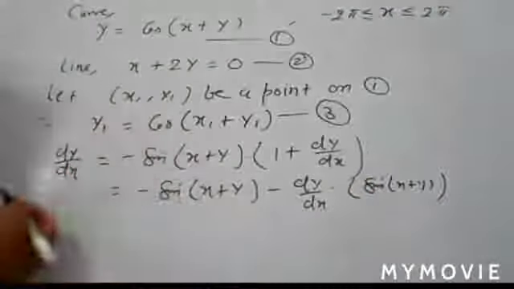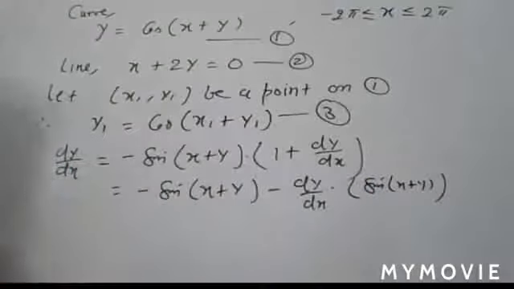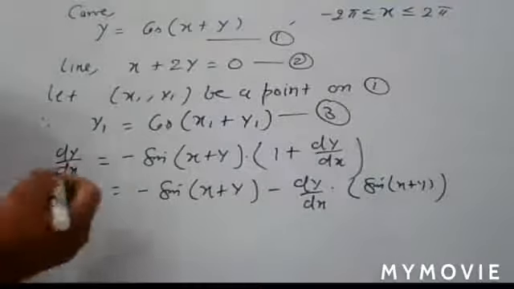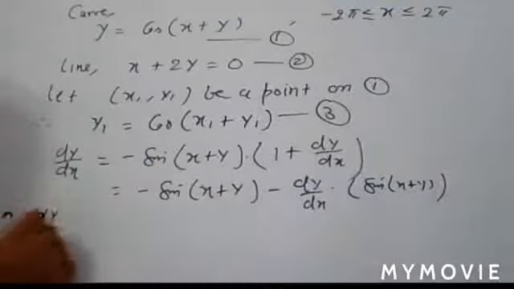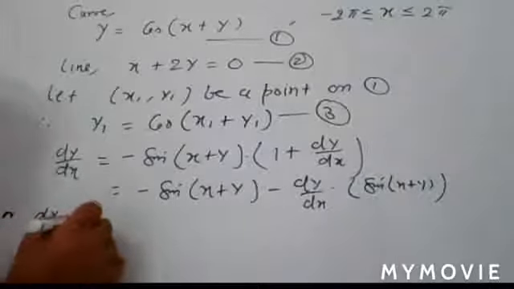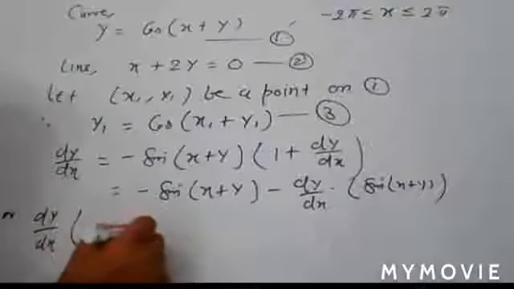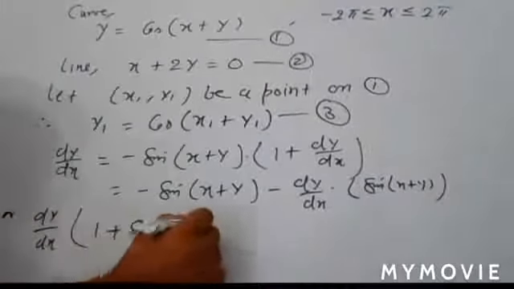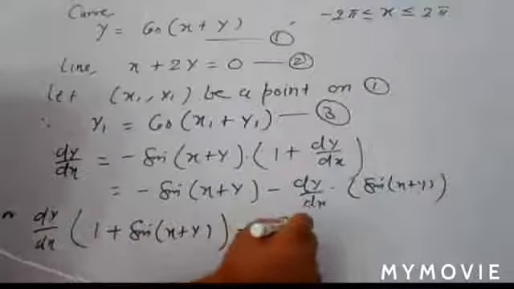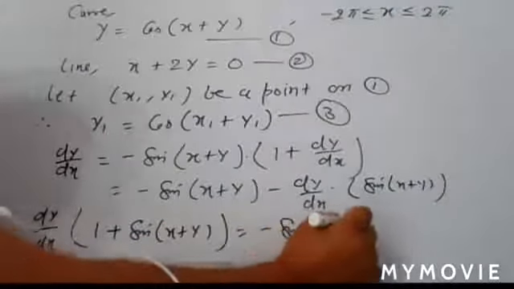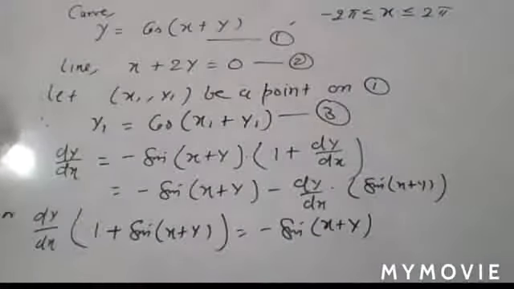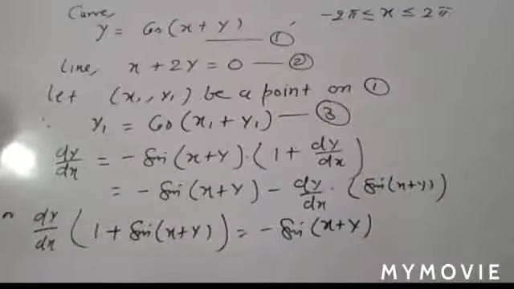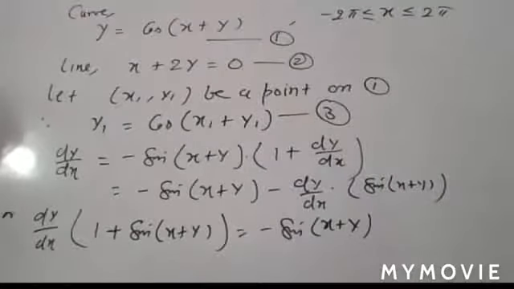So you can take dy by dx common. If you take dy by dx common, you have dy by dx into 1 plus sine of x plus y is equal to minus sine of x plus y. You write it in this way. Okay, beta?